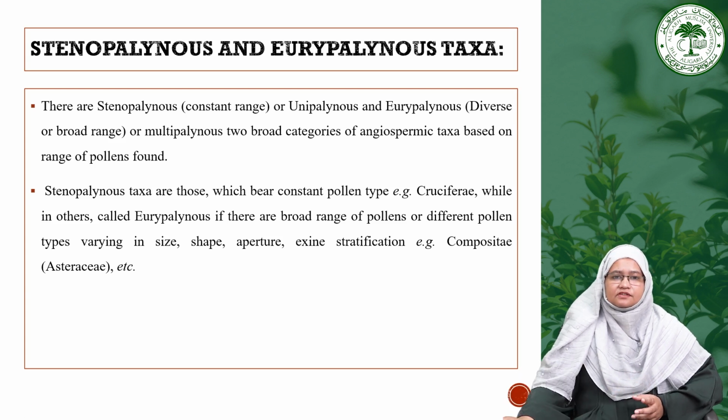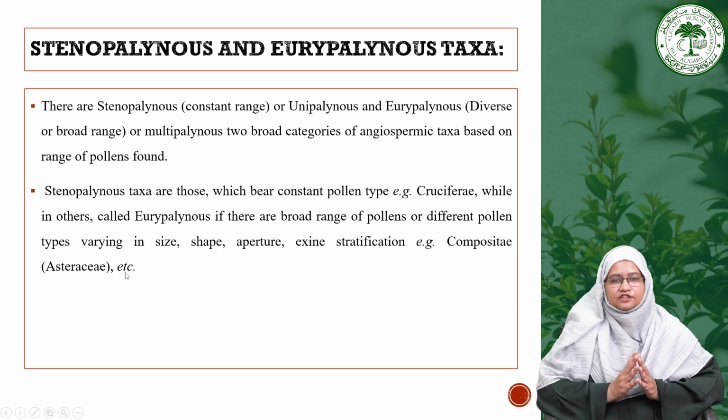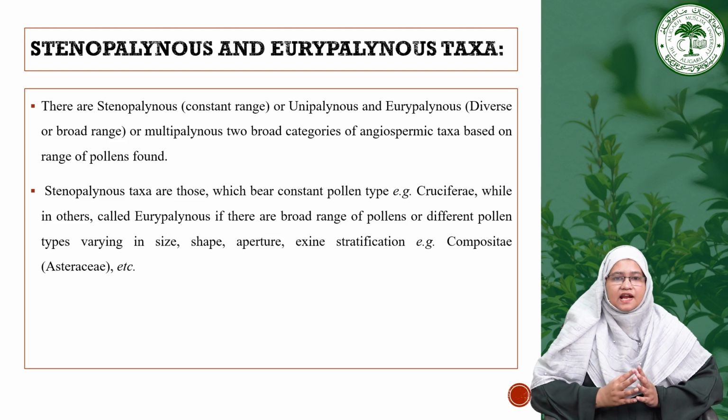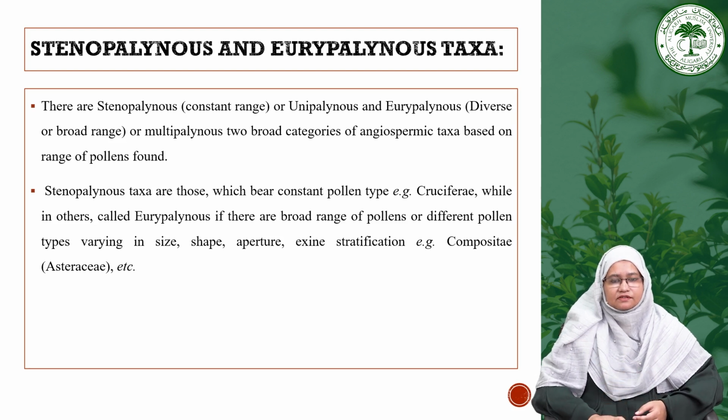So Stenopalynous taxa are those which bear constant pollen type like Cruciferae, while in others, called Eurypalynous, there is a broad range of pollen types varying in size, shape, aperture, and exine stratification, like Compositae. So if they have a simple constant type of pollen, they are termed Stenopalynous. If they have a variety, then they are termed Eurypalynous.